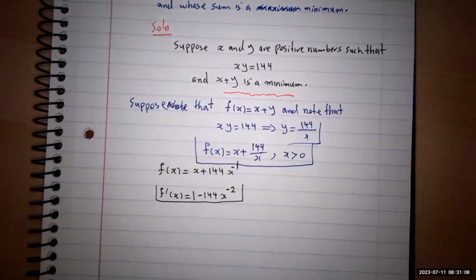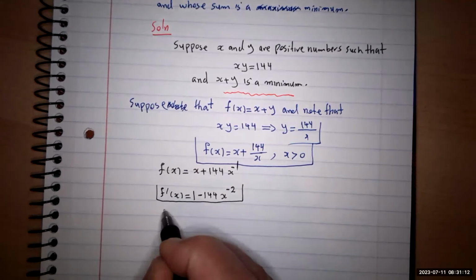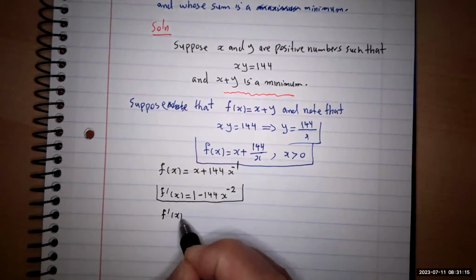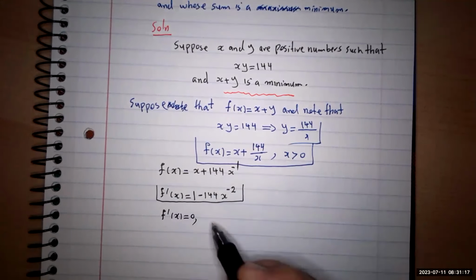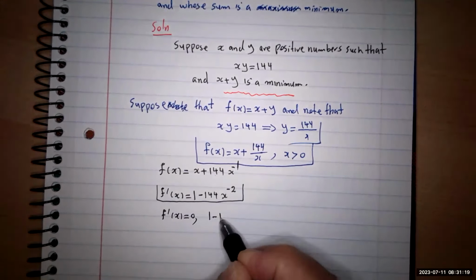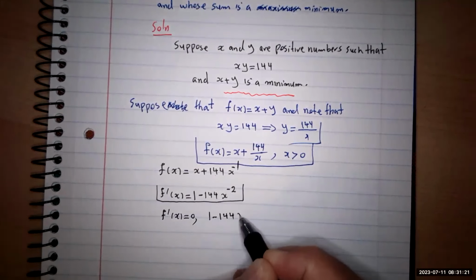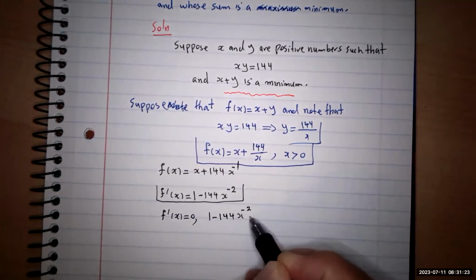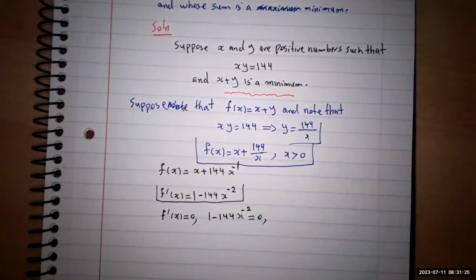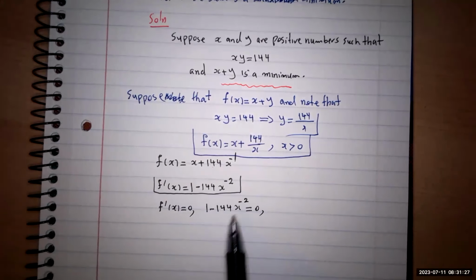Let it equal 0 and solve for x. So f prime of x equal to 0 means 1 minus 144 x to the -2 equals 0. You want to solve for x, so you better change it into the positive power first.